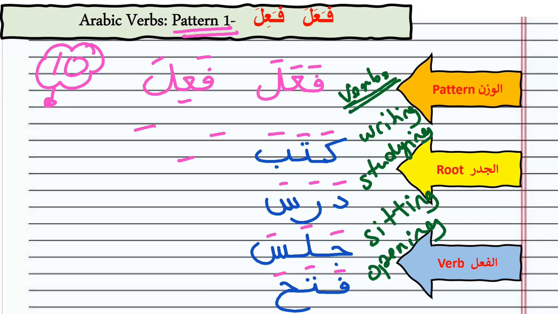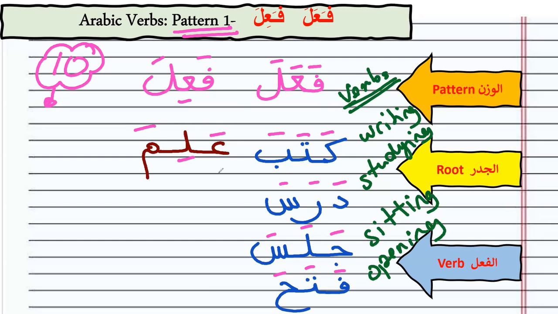So the meaning is different, but the pattern is the same because they all rhyme. When it comes to fa'ila, of course, it would be a different sound, different rhyming, and of course, different meanings.